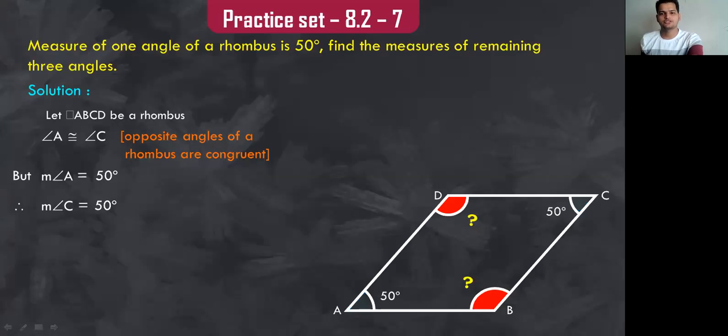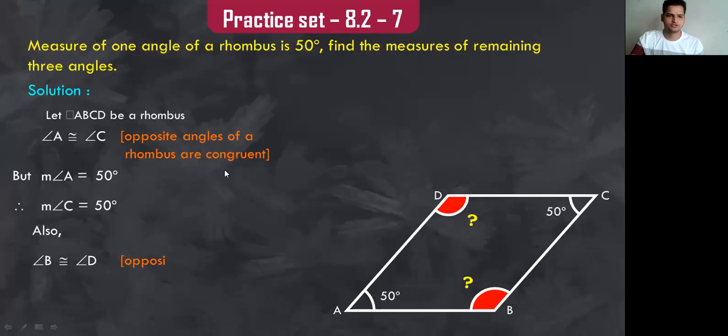So we have found the measure of angle C. Now, which other angles are remaining? Angle B and angle D. Okay. Are they opposite to each other? Yes. So we can write angle B is congruent to angle D. But are we having their value given in the question?